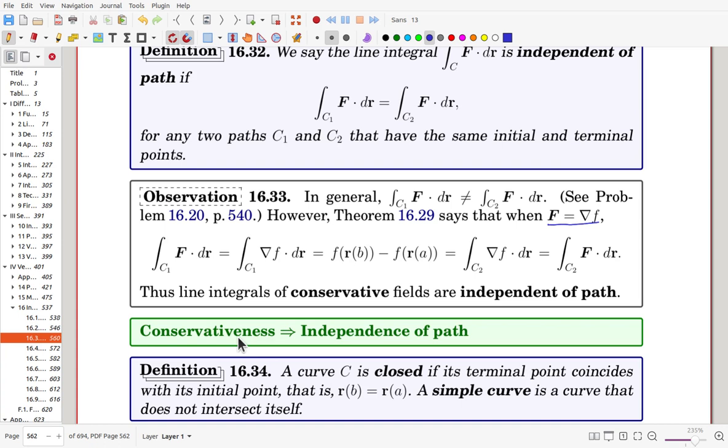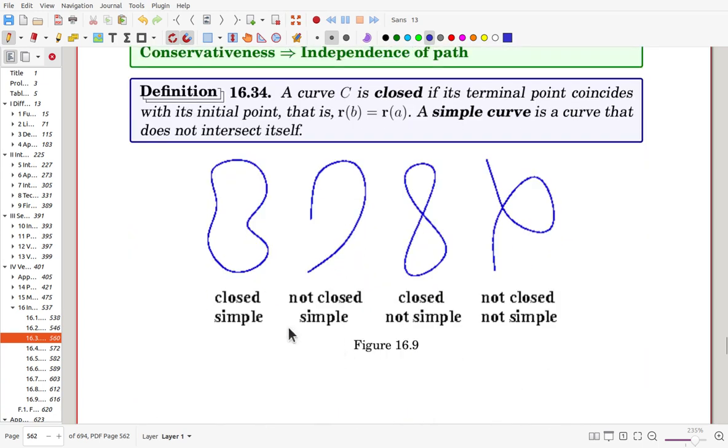Now we'll study some more properties of conservative vector fields. In order to do that, we need a little bit more definitions. A curve C is closed if its terminal point coincides with its initial point. Let's see these curves.